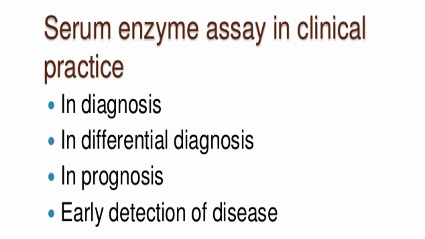Then in prognosis, it means we just want to know that once the diagnosis has been established and the physician has started the treatment, whether the patient is getting any benefit from that treatment or not. We go for serial estimations of certain enzymes, especially in cancerous disorders. If you recall, Dr. Jamil must have told you while going through the liver function test that ALT, alanine aminotransferase enzyme, is the first enzyme which is increased in the serum when there is certain damage to the liver.